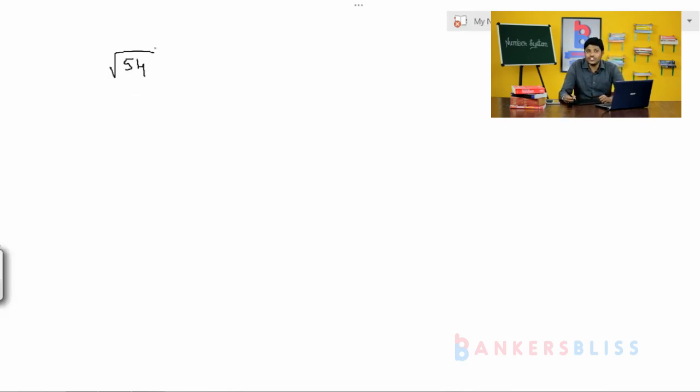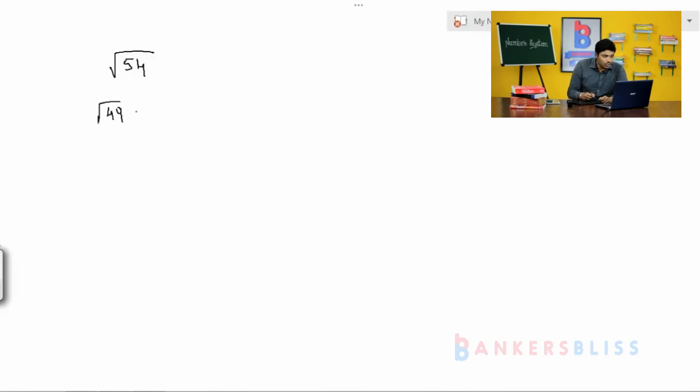How to calculate it? It is very simple actually. What is the nearest perfect square number which is near to 54 and less than 54? That is 49.